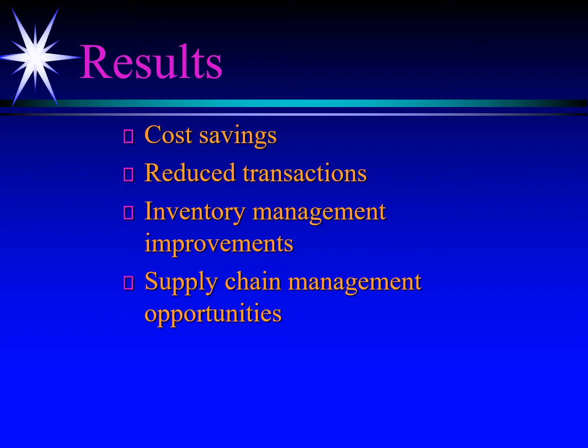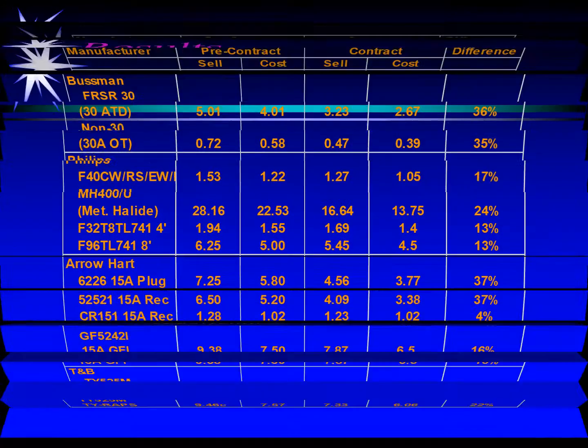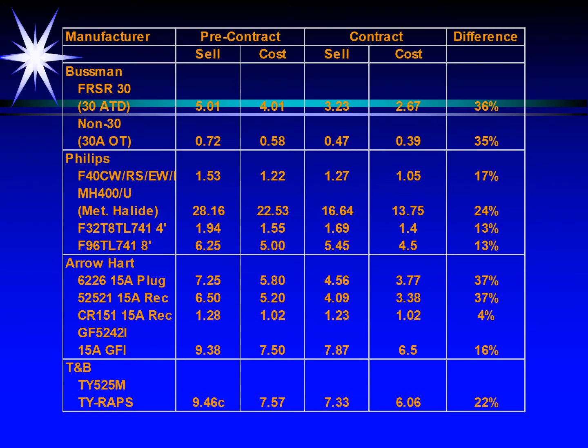We had tremendous inventory management improvements. Again, we drilled down to the part and saw what the cost difference between parts were. A lot of work here.